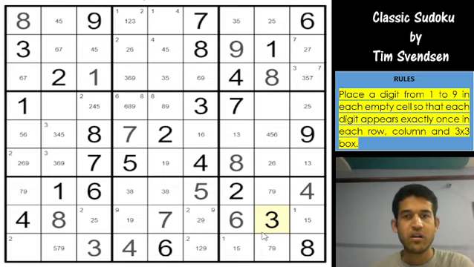Okay, am I seeing something here? This is a little bit of advanced logic, guys. I'm just not able to see anything. There must be something really sharp, but it is beyond me to see here.